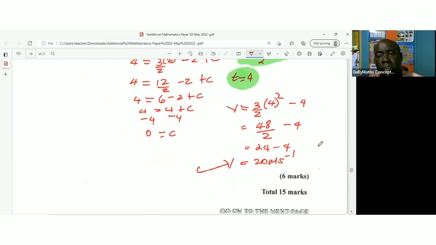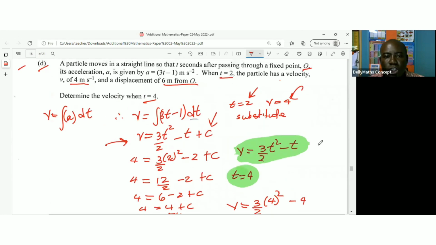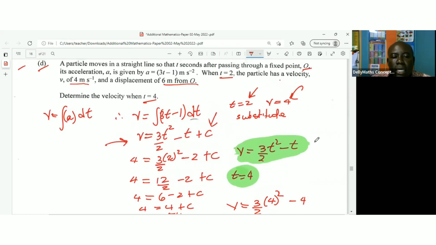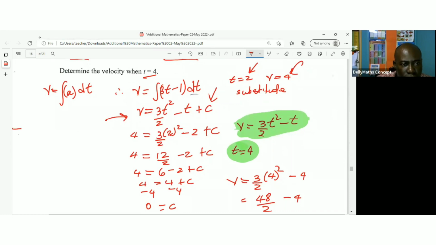Now, if you have any doubts regarding your response, you could use the velocity function and plug in 2 to see if you really get back 4, as stated by the question. So let's do a quick test, just in case. Remember, we were told that at t equal to 2, our velocity was 4. So the velocity should equal 3 over 2 t squared minus t.